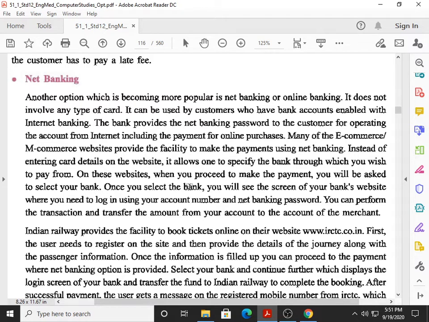Once you select the bank, you will see the screen of your bank's website where you need to log in using your account number and net banking password, or your username and net banking password. You can perform the transaction and transfer the amount from your account to the merchant account.